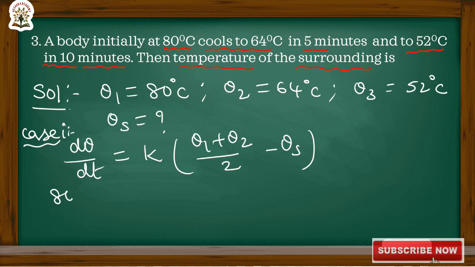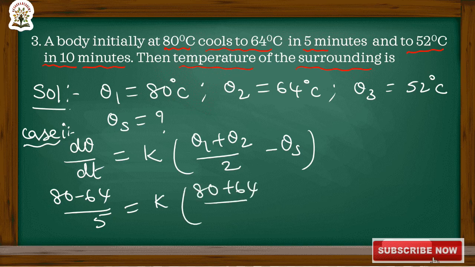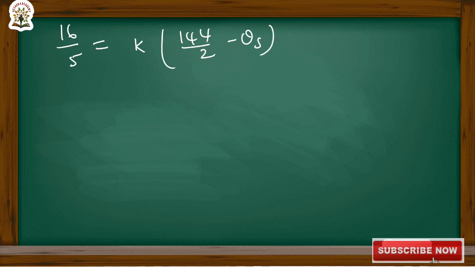Substituting, (80 minus 64) by 5 is equal to k of (80 plus 64) by 2 minus theta s, you have to calculate. Next, 80 minus 64 is 16, so 16 by 5 is equal to k of (80 plus 64) 144 by 2 minus theta s.